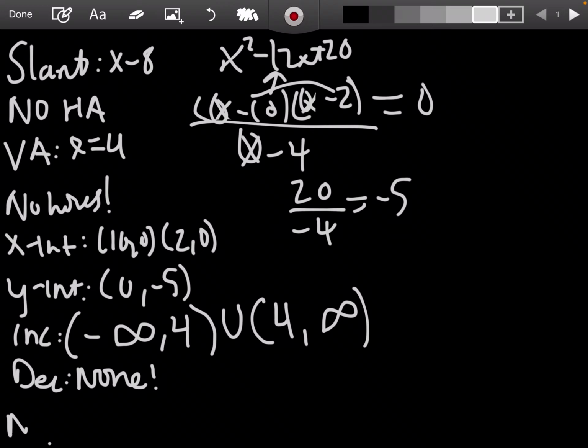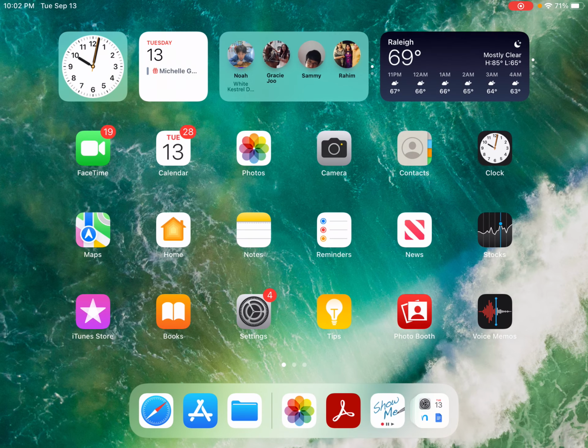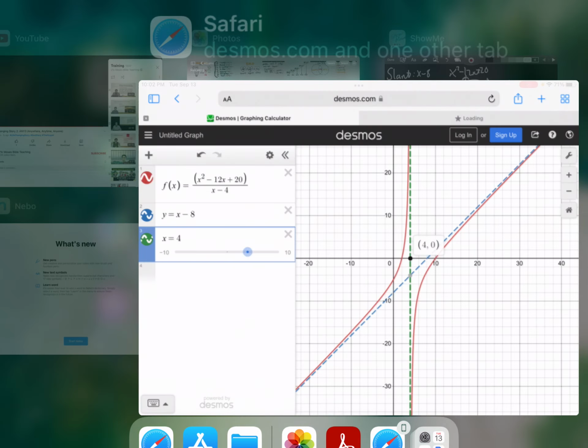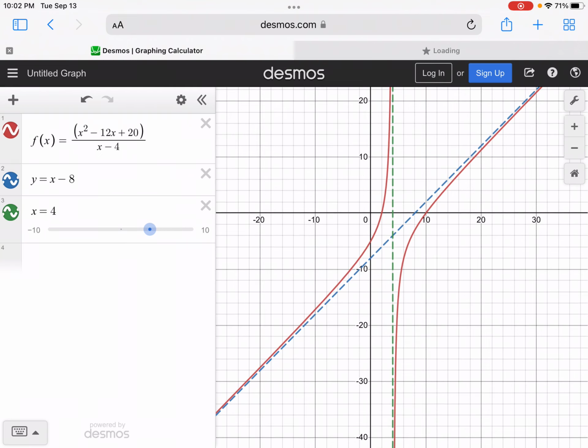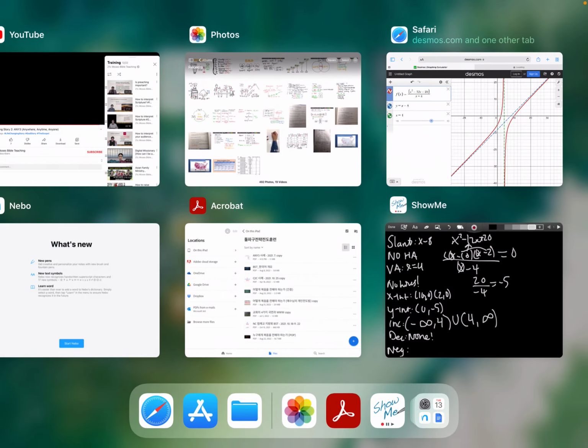Now, let's do our positive and negative intervals. Let's first start with negative, because why not? Let's go back and check Desmos. We are negative all the way from here until we reach the x-intercept at 2.